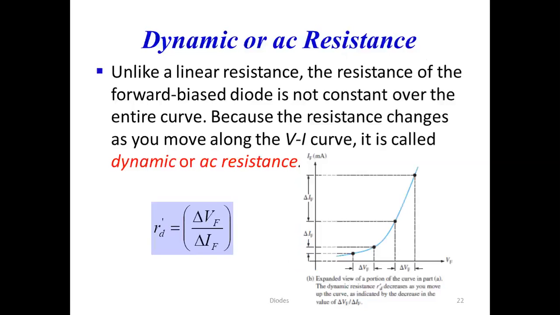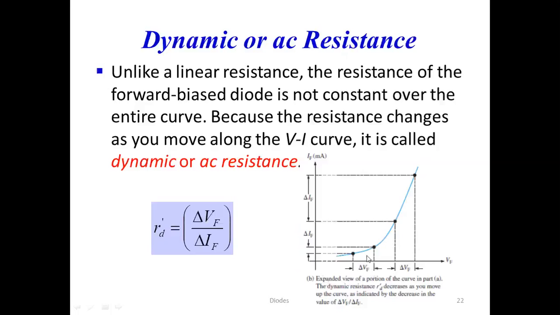This particular diagram shows the dynamic or AC resistance, the forward resistance of a diode. Here I have shown the expanded curve in which it is very clear. On the y-axis there is current, on the x-axis there is voltage.